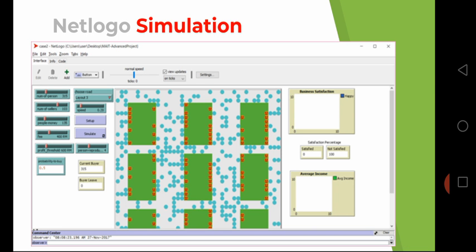Alright, so in the NetLogo simulation, basically what you can see on the left hand side is the parameters that we have tuned based on the BIKF study report. So based on the setup, then we can play around with the parameters. Okay, so the sellers are denoted by the orange color.